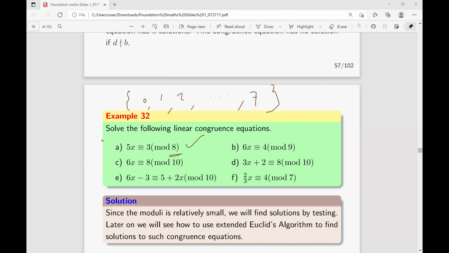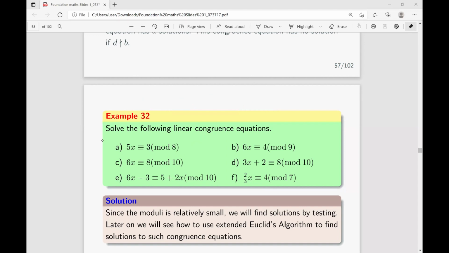So we just try. Which one? We try 0. We want to see whether 0 times 5 will be 3. If 0 times 5 is not 3, we proceed to 1 and try 1 times 5 and see whether it's 3. And then if it's not, we try 2 and so on. So I'm just using trial, first of all, for you to understand what we are doing.